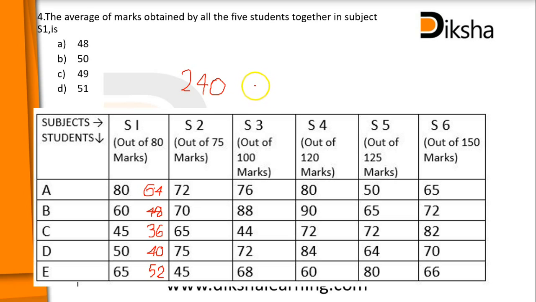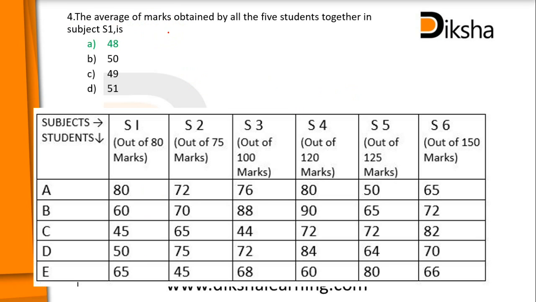So finding the average, we have to divide it by the total students, that is 5. 240 by 5 gives you 48. So the answer is 48. Again listen to the question, the average of marks. So just find the marks, add the marks and find the average. So the answer is 48.